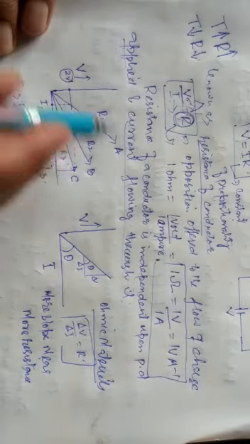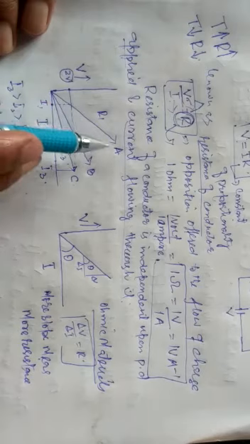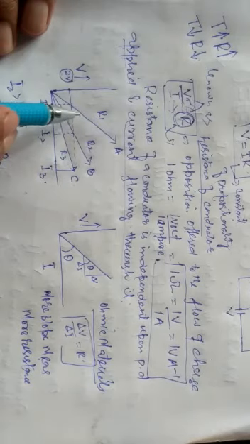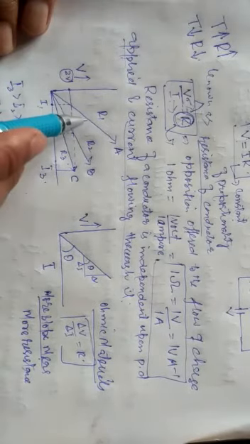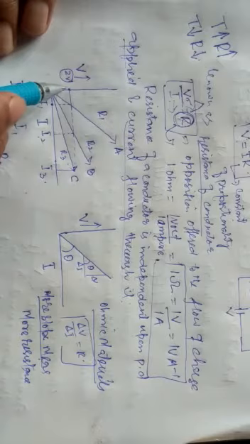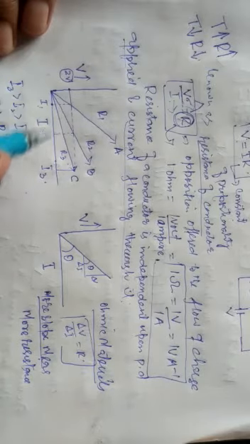Among all those materials, material A makes a large angle with the horizontal, so it is having more slope, and I told you more slope means more resistance. So this is a VI graph.